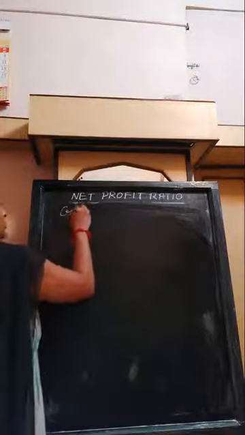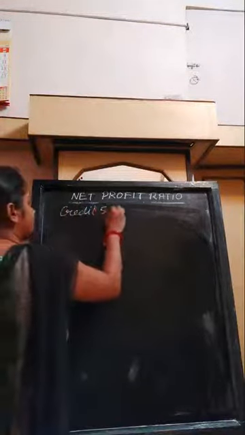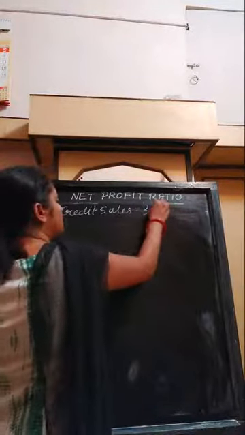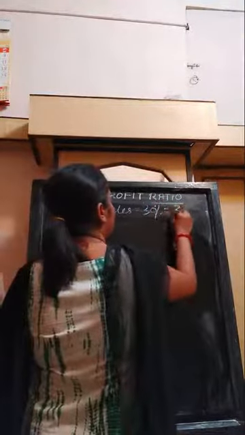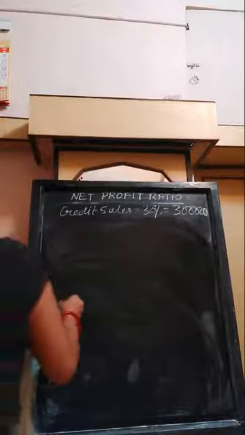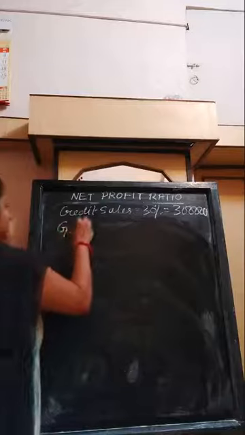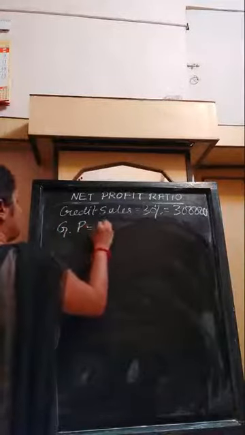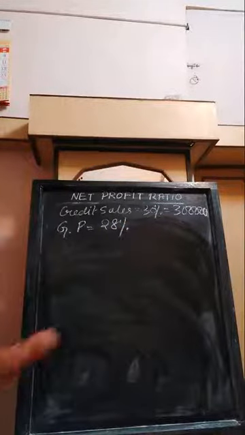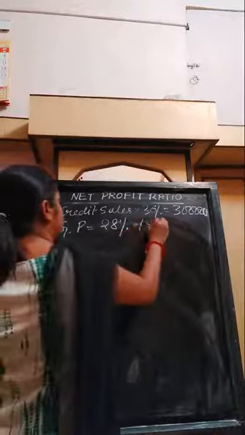Now, let's move on to sum number 2. In sum number 2, it is given that credit sales of the company is 30%, which is equal to rupees 3 lakh. And GP is given as 28% of sales.